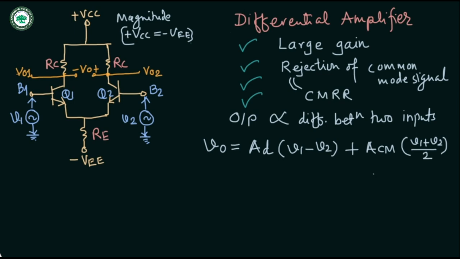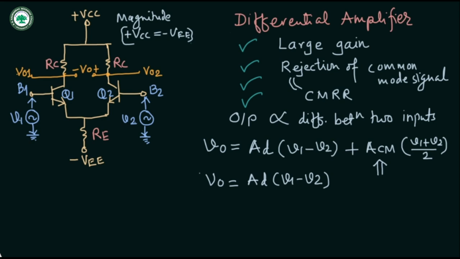As we are interested in rejecting this term, we expect that VO is equal to AD into (V1 minus V2). Here the common mode rejection ratio plays the important role in rejecting this term of the output voltage.